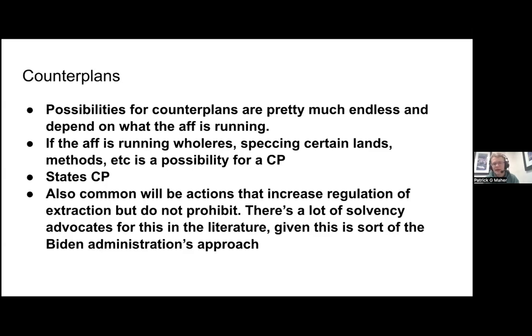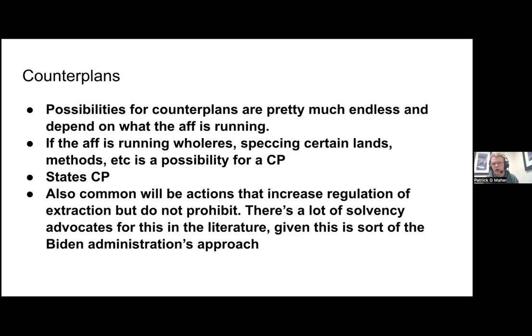The 50 states CP, or the state CP, actually has some pretty good ground here, but you have to be careful to make sure that it's mutually exclusive, because the state CP would argue that you would be eliminating the extraction of fossil fuels on state public land.